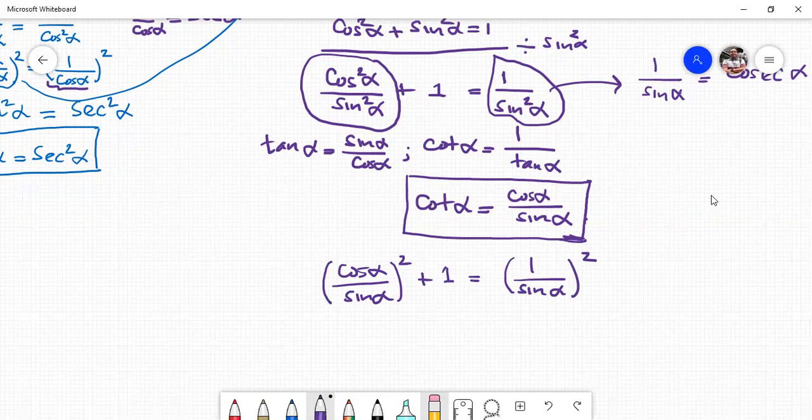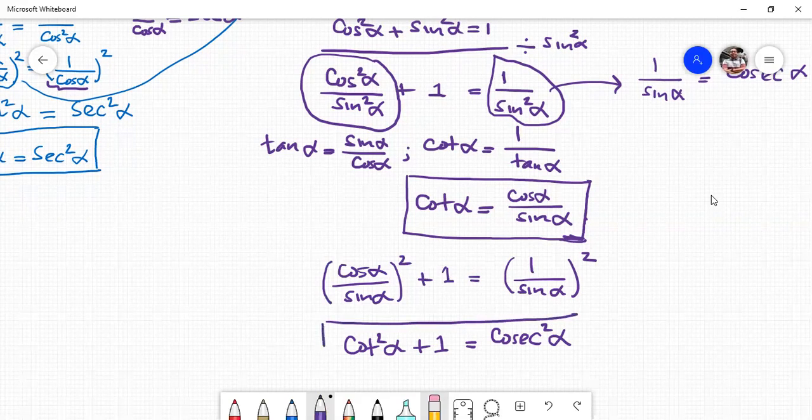So this one is cotangent square alpha plus 1 equals to cosecant square alpha. See? They are really, really amazing.